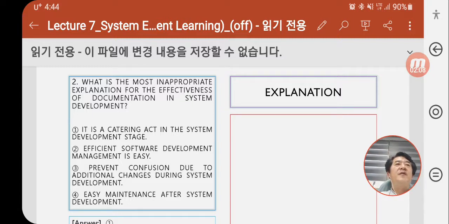Number 2, efficient software development management is easy. Number 3, prevent confusion due to additional changes during system development. Number 4, easy maintenance after system development. Which ones are not correct? Yeah, the correct answer is number 1.